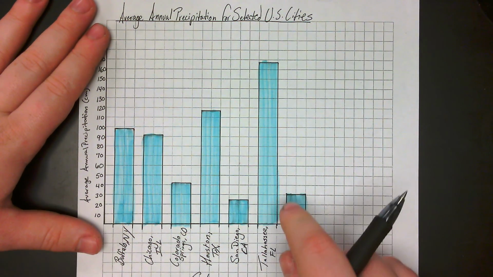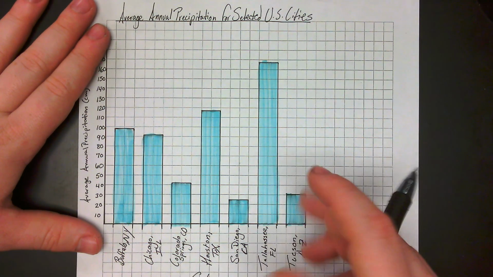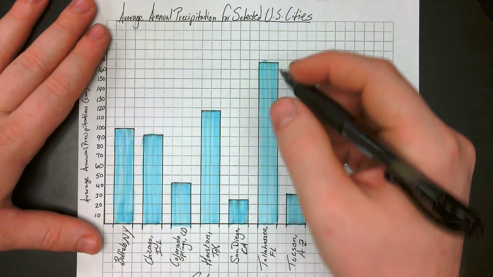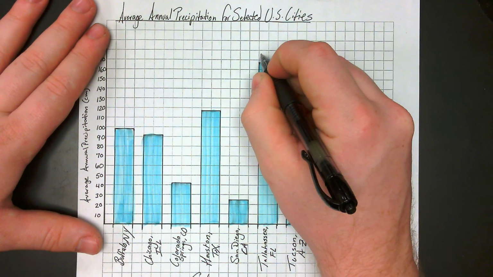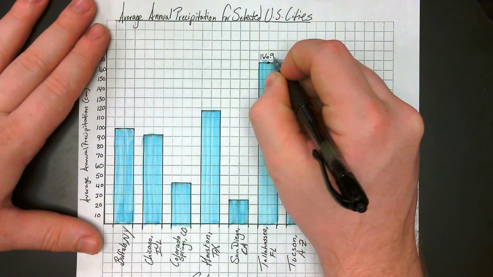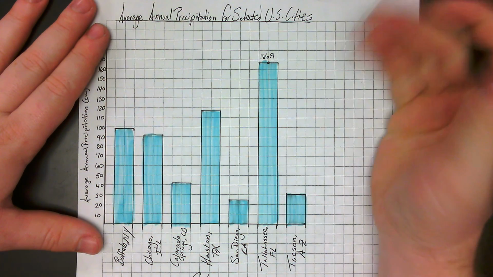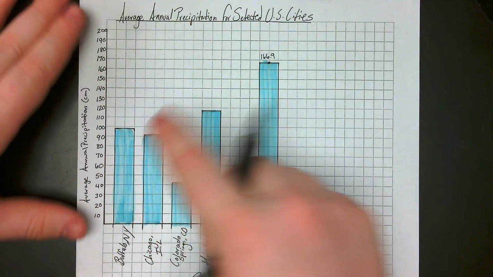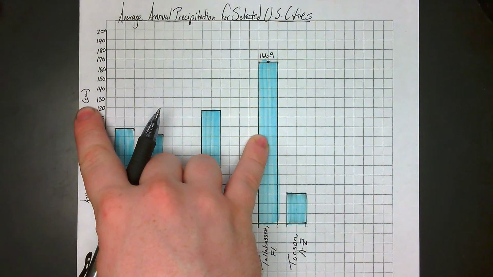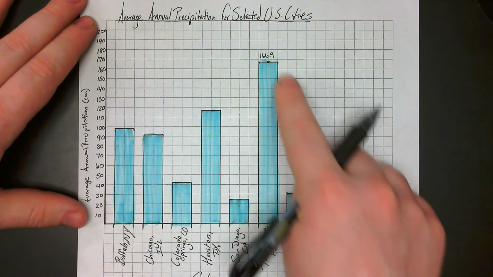It had 166.9 centimeters of annual rainfall on average. So what they'll do is they'll put like a little dot up here at the center, and they'll write 166.9. Now sometimes they will add the units in next to it. Sometimes they don't. Most of the time they don't because it's already mentioned over here. But they'll put the values up top.